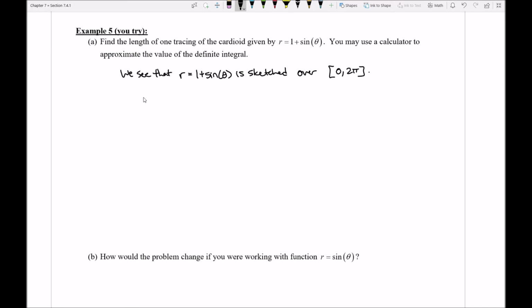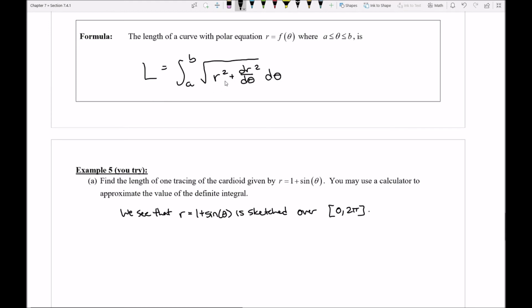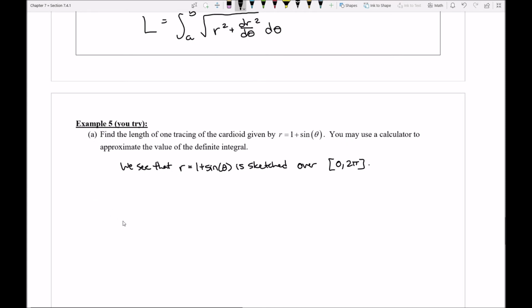But now I can go ahead and just say, well, based on what we saw up above, if I know what r is and I can square that, then I just need to be able to take dr d theta and square that. So let's see. If I go ahead and say my dr d theta is going to be equal to the derivative of this, that should just be cosine of theta.